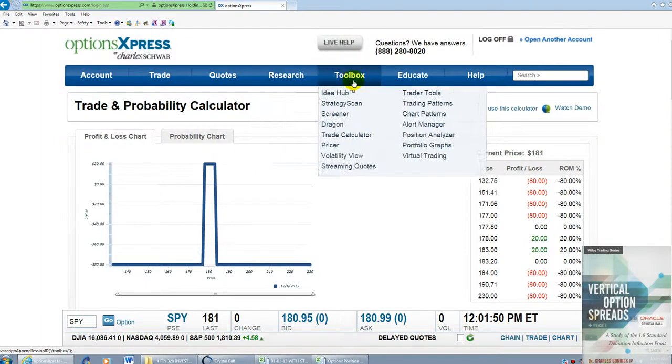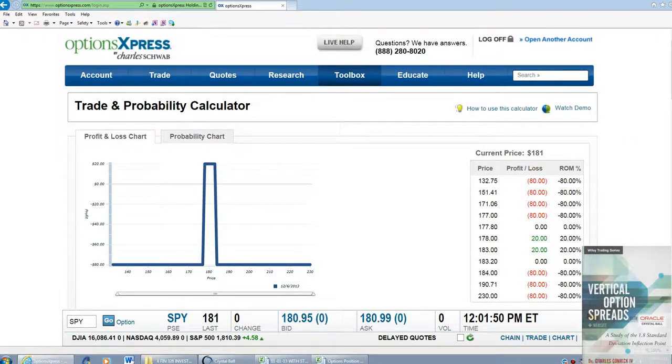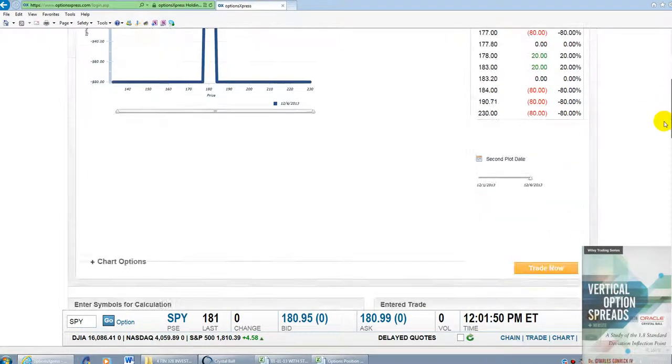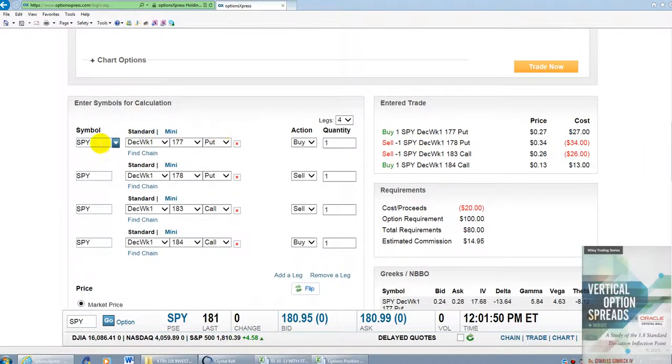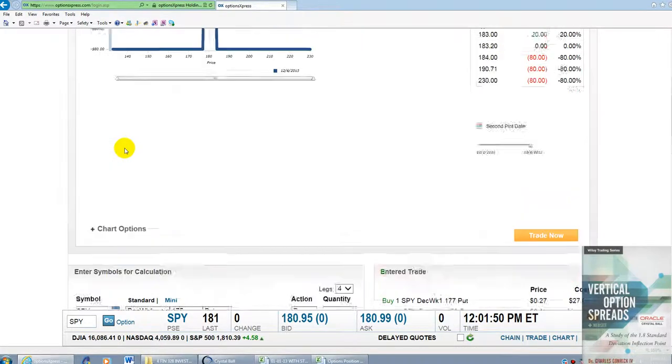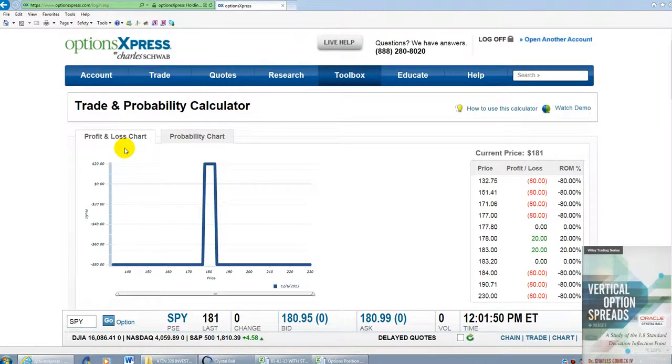I went up to the toolbox, went to trade calculator, clicked on that, and that gives you the option of putting in, no pun intended, all the options you want. So I typed in SPY, Standard & Poor's. It's date sensitive. Today is Sunday, December the 1st, 2013. The Standard & Poor's SPY ETF closed at 181 on Friday, November the 29th.